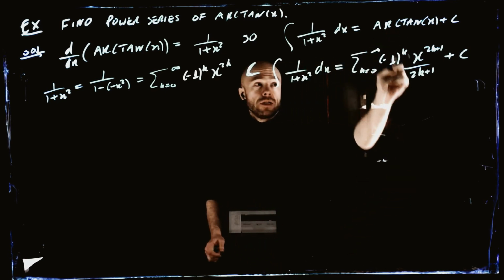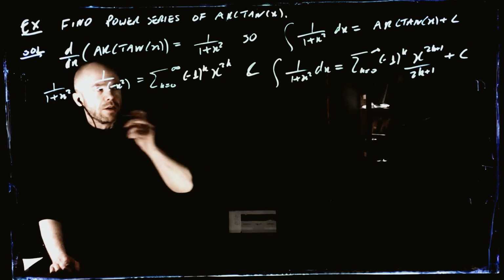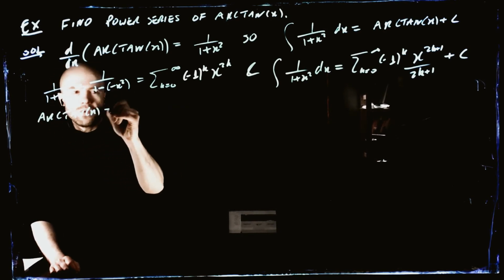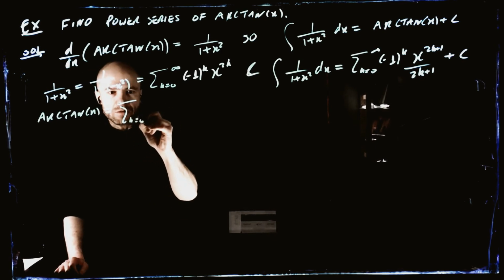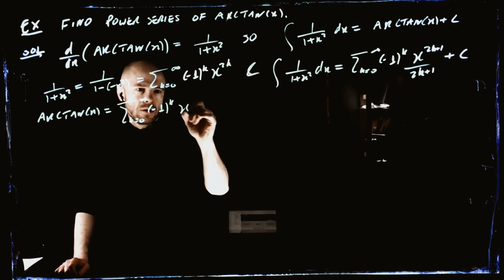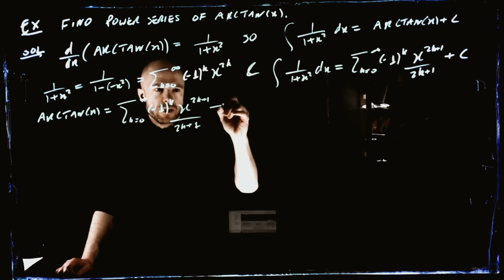And this says that this is equal to this. Again, the constant c, we're just going to write it as constant c. So arctan of x is this power series, k equals 0 to infinity, minus 1 to the k, x to the 2k plus 1 over 2k plus 1, plus constant c.